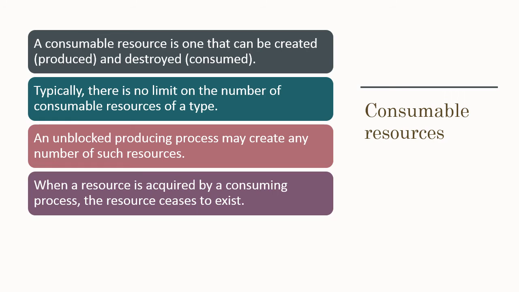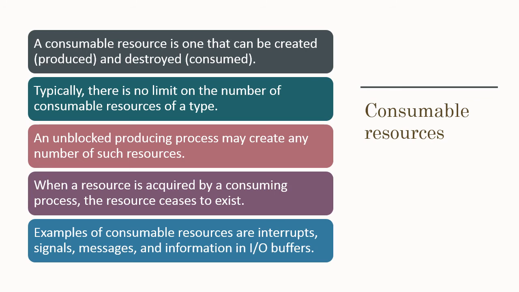When a resource is acquired by a consuming process, the resource ceases to exist because the consumer eats it up. Examples of consumable resources are interrupts, signals, messages, and information in I/O buffers.